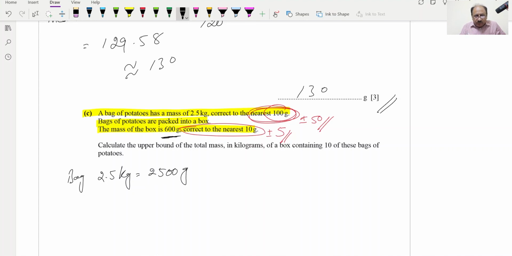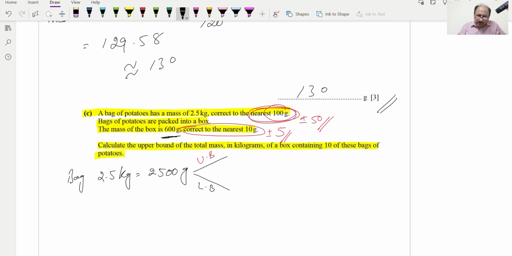Basically we need the upper bound. The question says: calculate the upper bound of the total mass in kilograms of a box containing 10 of these bags of potatoes. In this case we require only the upper bound, but I am writing the lower bound for your understanding, so that if these types of questions require the lower bound, you can utilize it.